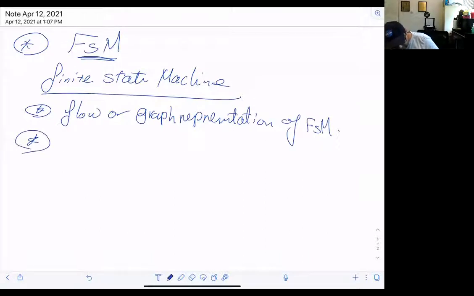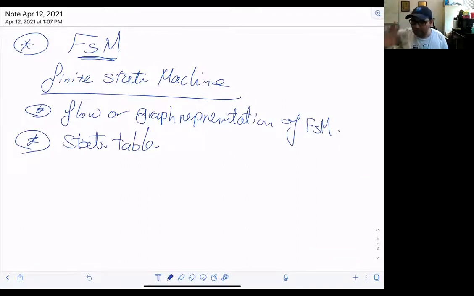And there's something called a state table, which we also learned. Do you agree? From the characteristic table, right?